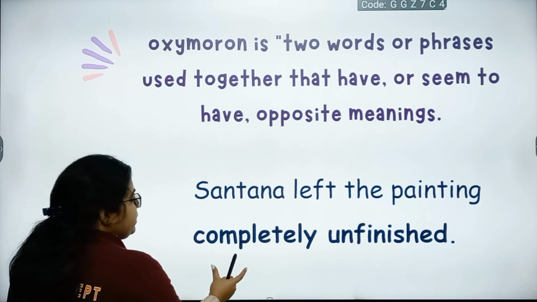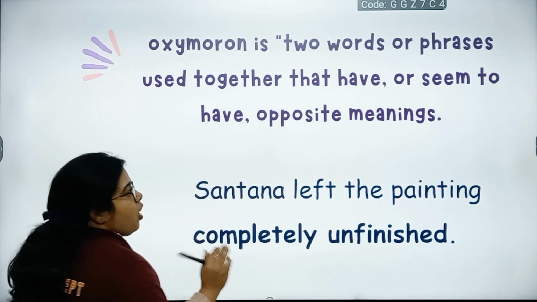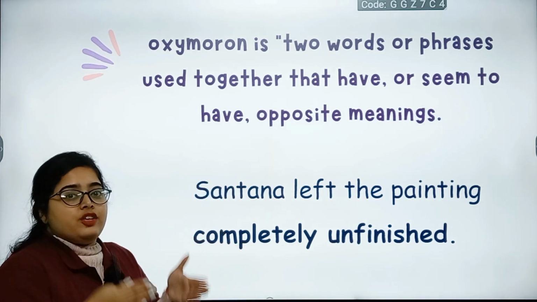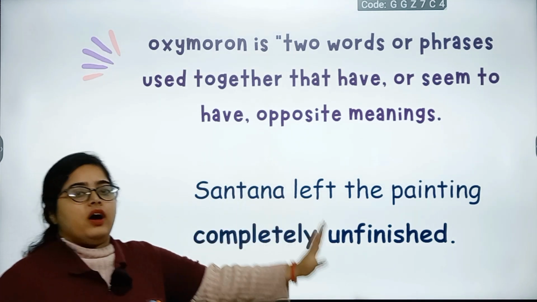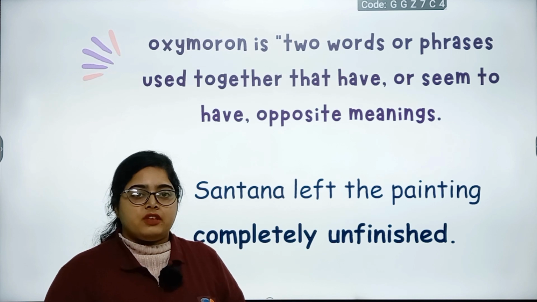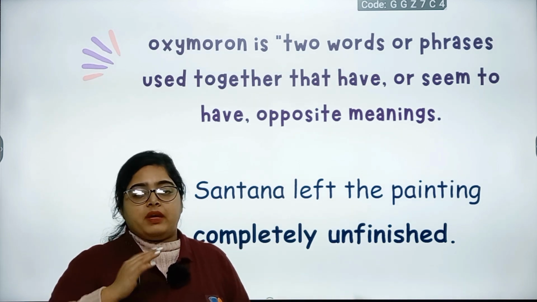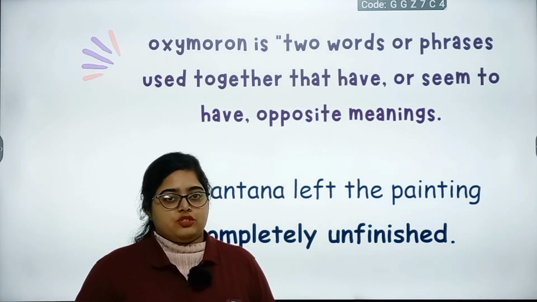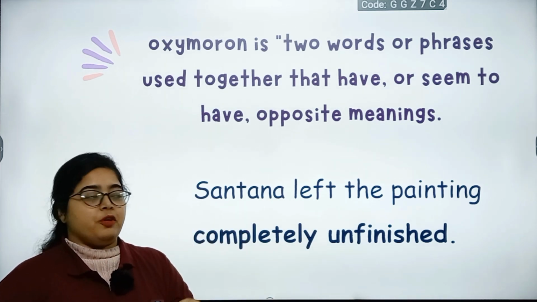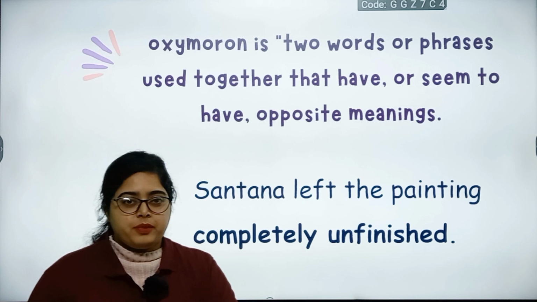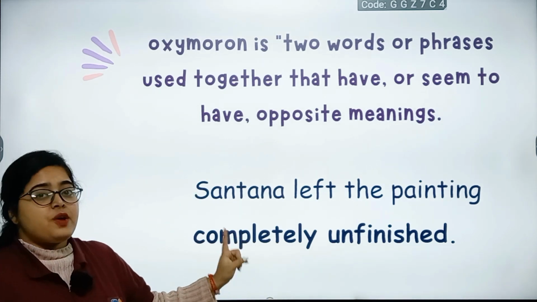Completely and unfinished are contradictory words, and they are used together. One means you are done with your job, and the other means you are not done with your job. Both these terms are used together and that is known as an oxymoron. That is why this looks kind of stupid, right?